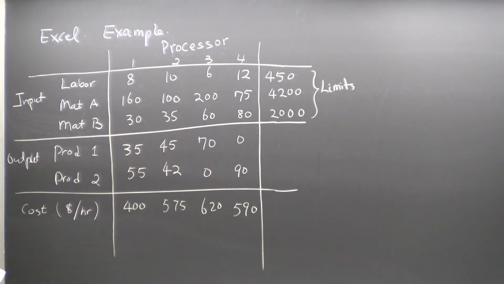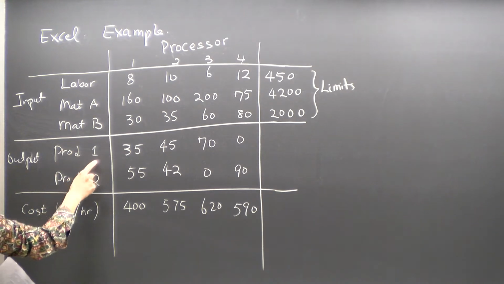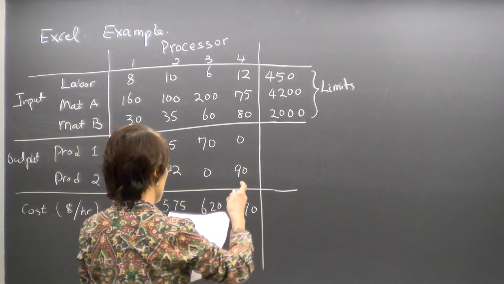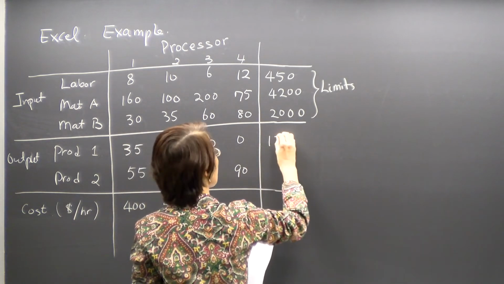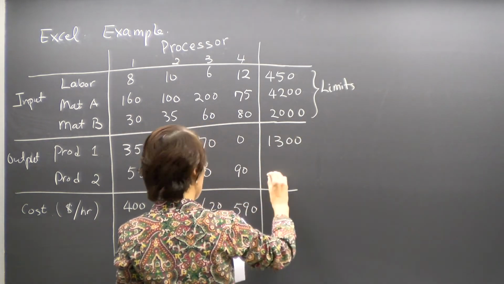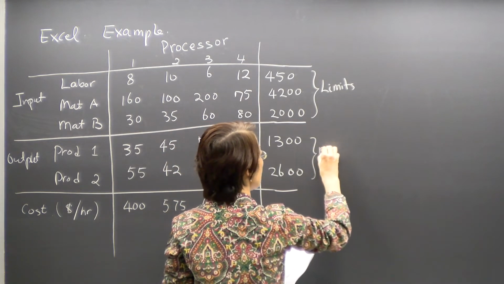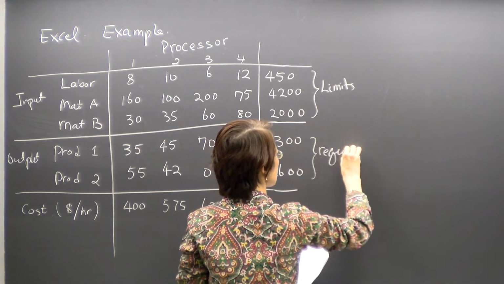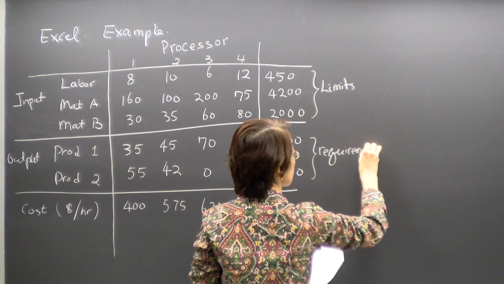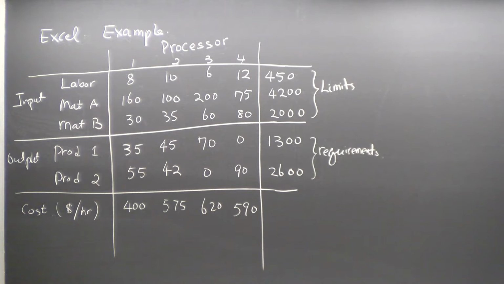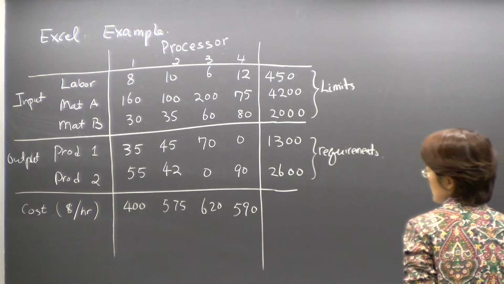And then there are requirements that I need to produce a certain amount of these two products as an outcome: 1300 of product 1 and 2600 of product 2. These are requirements. Is that clear?